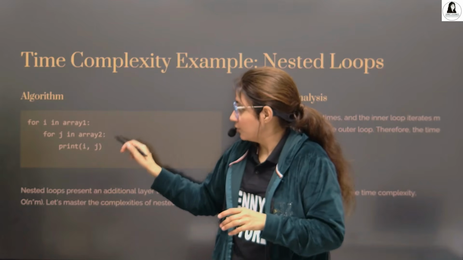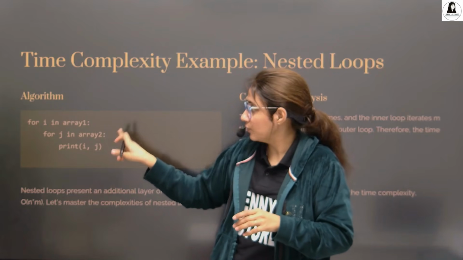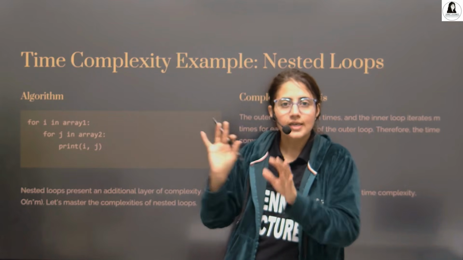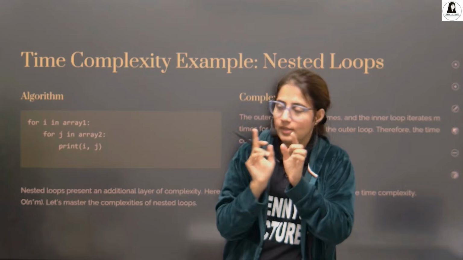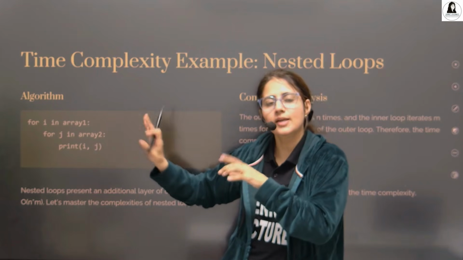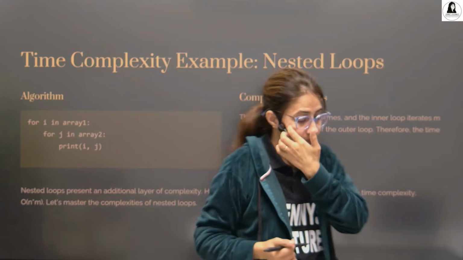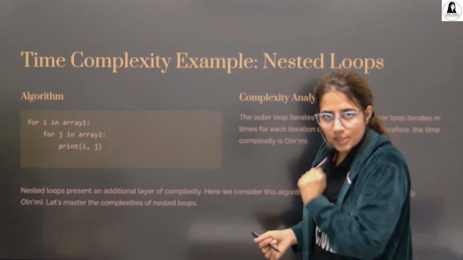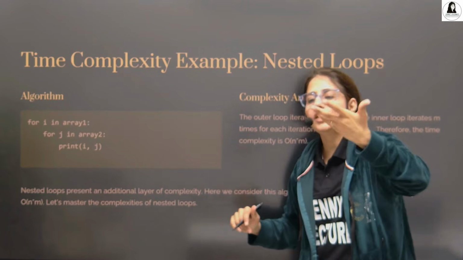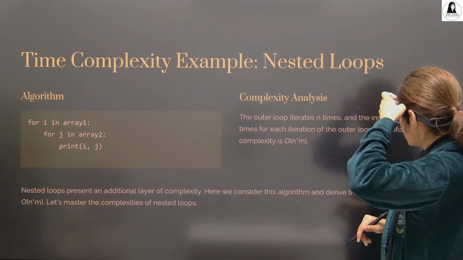If loops are iterating on different input size data or different arrays, consider taking different terms for that. n, m. If array 1, then take n square. So this is for nested loops. If one more loop is there, then n cube, that kind of thing.